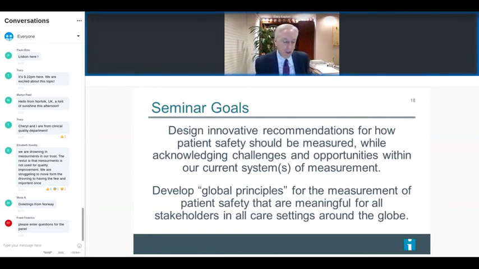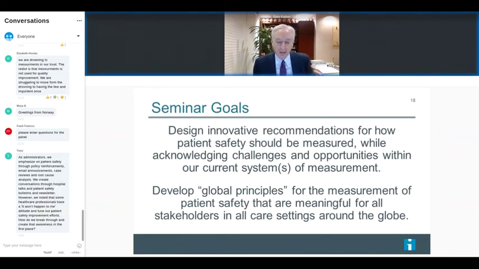In addition, we developed global principles, principles that we think are meaningful for all stakeholders, regardless of where we work, where we practice, or the cultures from which we come, and they have universal application.